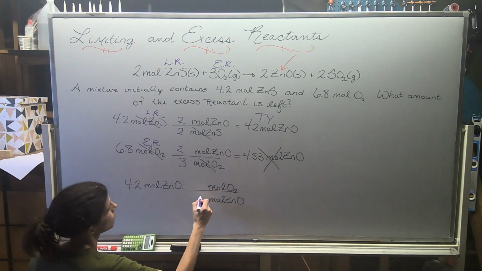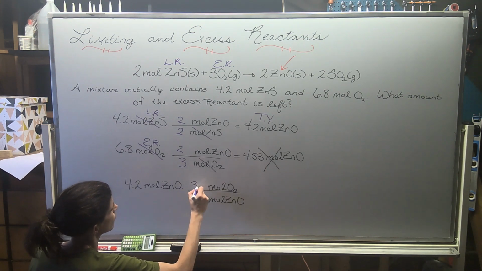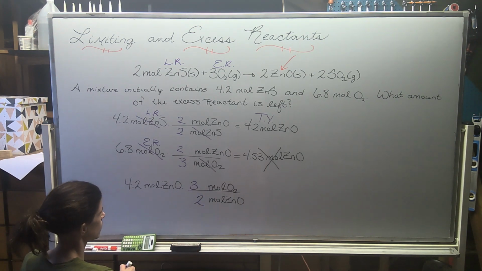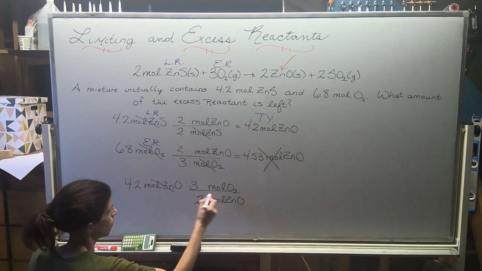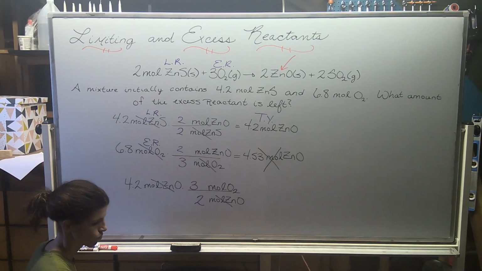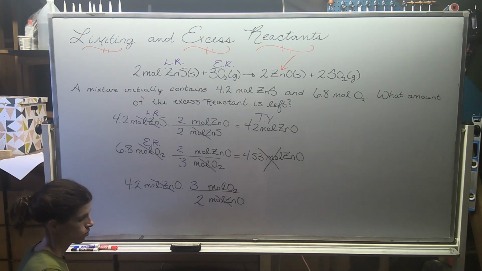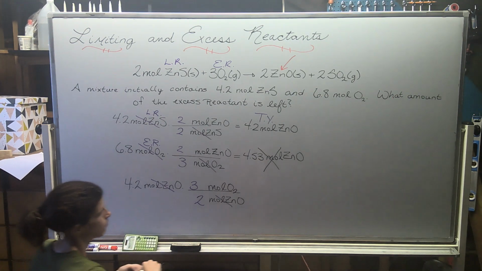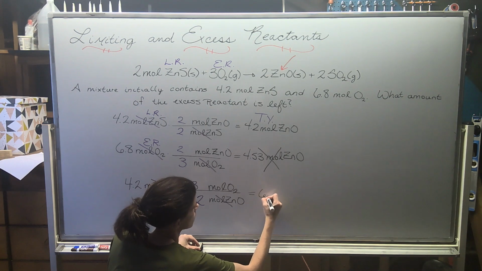So coefficients, we got a 2 and a 3. And so in my calculator, I'm going to do 4.2 times 3 divided by 2, and I get 6.3 moles of oxygen.